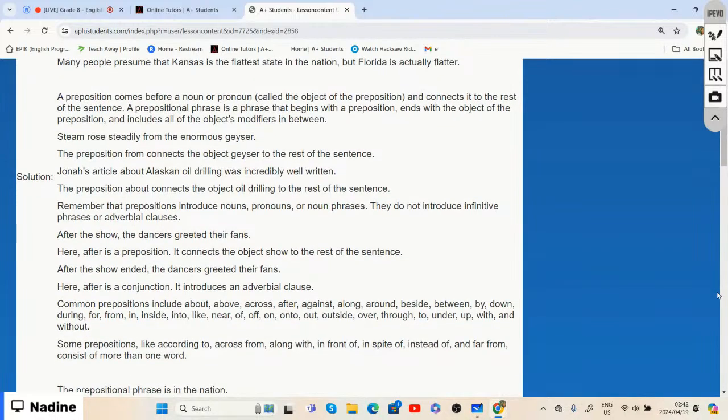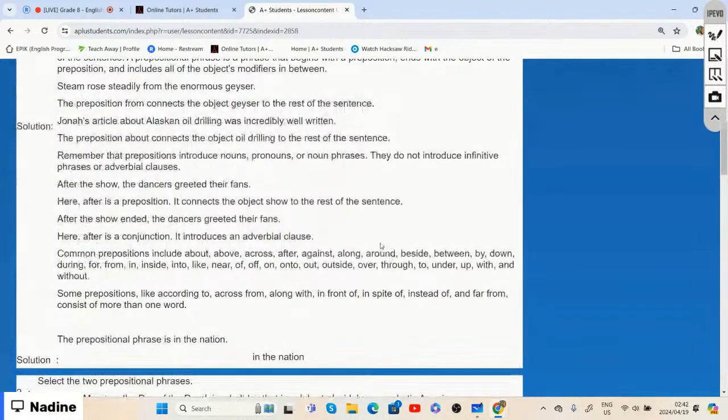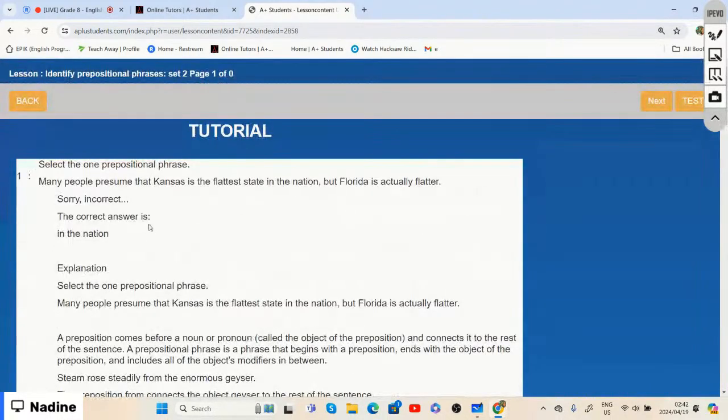All right. And in this case, where it says many people presume that Kansas is the flattest state in the nation, but Florida is actually flatter. So this is in the nation, which is our prepositional phrase.